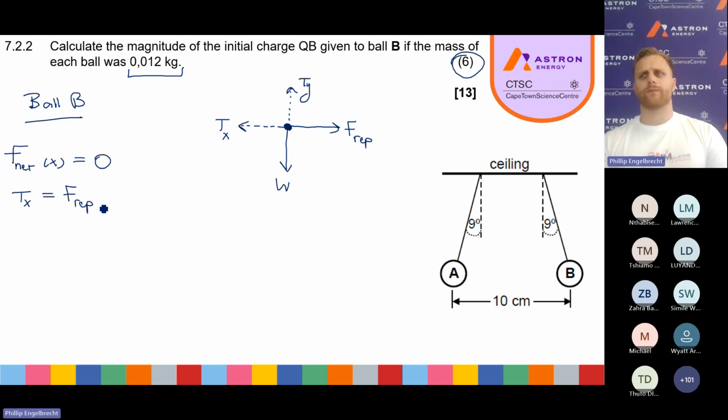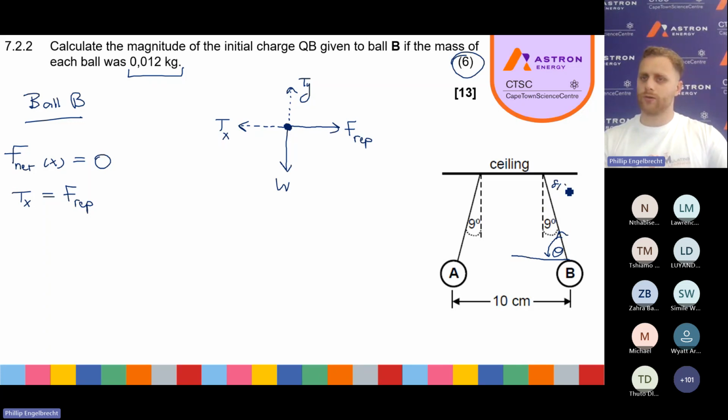What can I do now? I do not know what the tension is in the x direction, but what do I know? Well, I'm going to take it to this diagram. So this is B, and that is the angle at which the tension is acting. What is the value of this angle? Let's look over here.